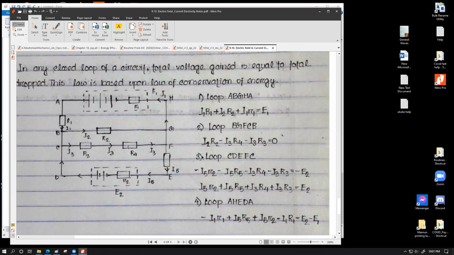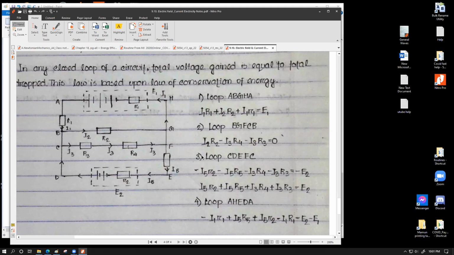So a plus current means your assumed direction was true or correct. A minus value means your assumed direction was opposite. That's the primary thing. This is one piece of information that you have to understand.